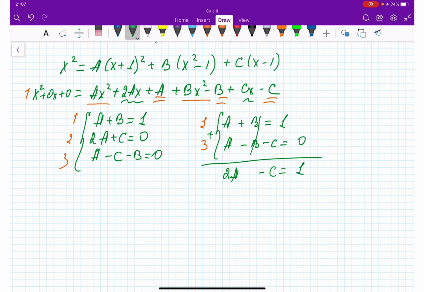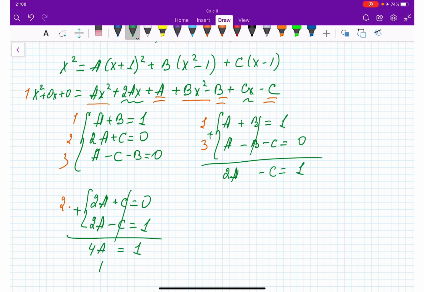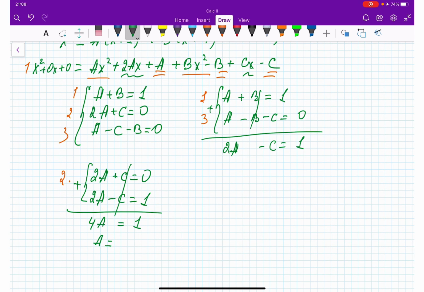Let's combine. 2a plus c equals 0, this is number 2. And this one, 2a minus c equals 1. If I add them up, c is gone, and I'm getting 4a equals 1, and a is equal to 1/4.